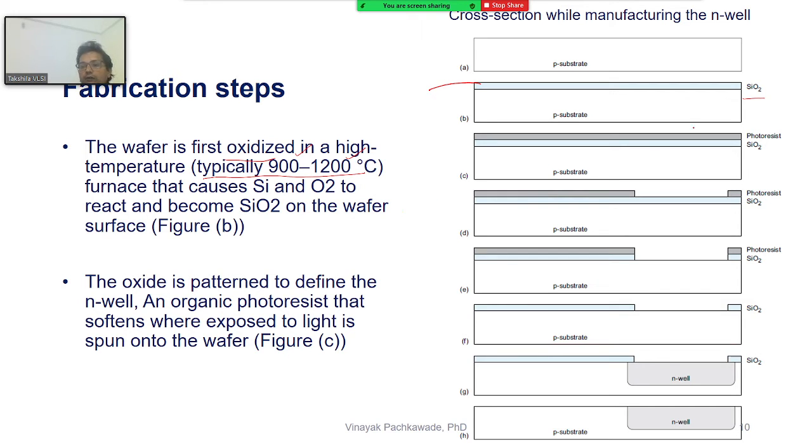Okay, and how is this oxide grown? SiO2 is silicon dioxide, so there is a reaction between silicon and the oxygen, O2 atoms on the wafer. Okay, and then the oxide is patterned, as I said, to define the N-well, because this is the area we want.